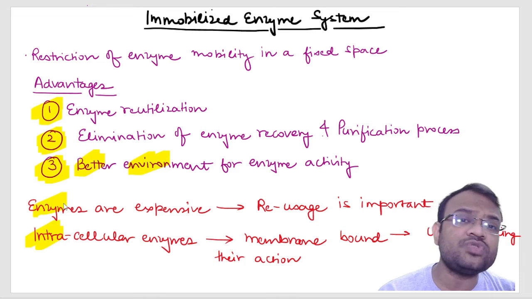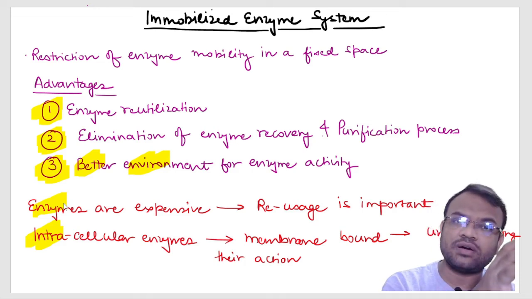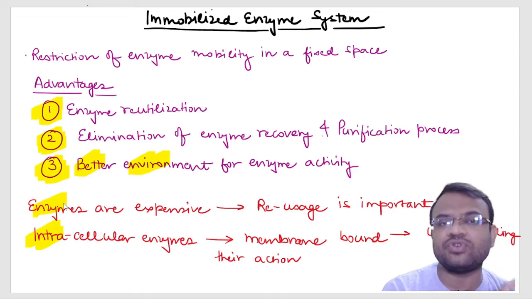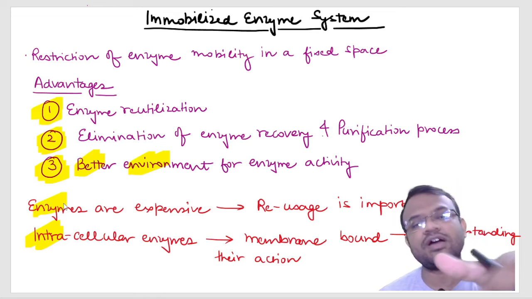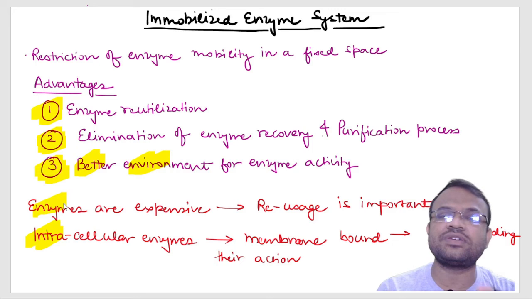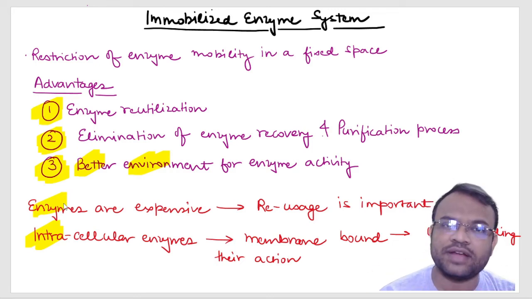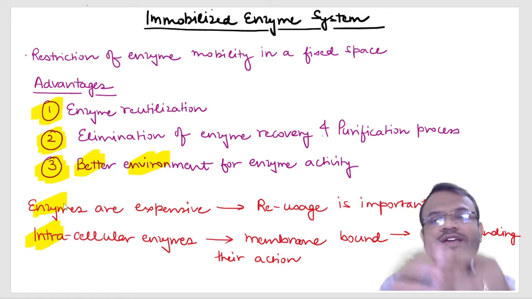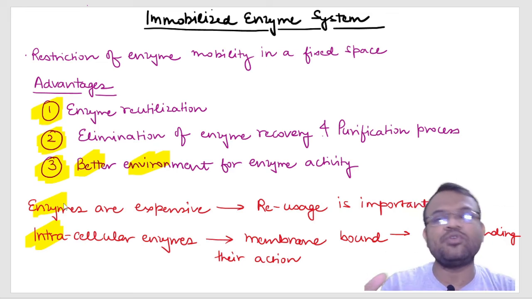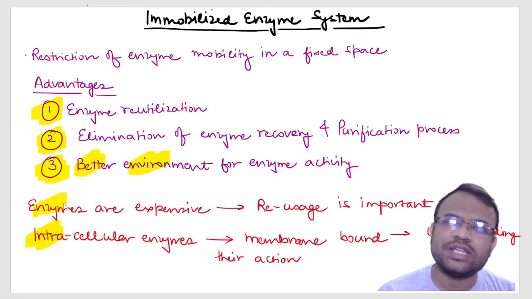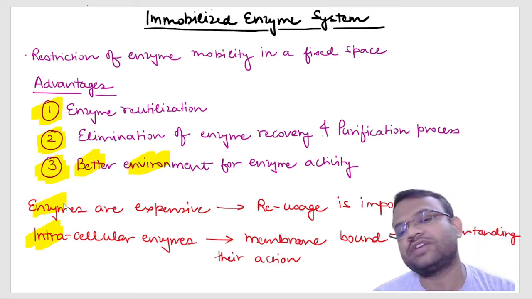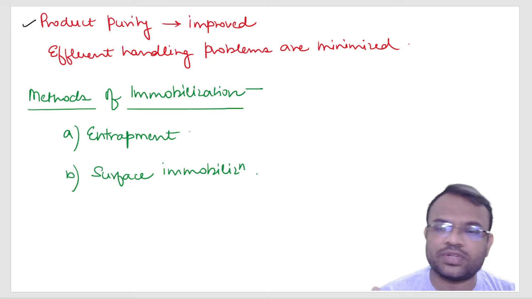Now if you want to study the mechanism of functioning of those enzymes, you can mimic the entire condition in an immobilized enzyme system in a biofermenter, right? So if you want to study the mechanism of action of that enzyme, you can create that type of environment. You can immobilize the enzyme onto, let us say, the fermenter wall, and then you can study how this actually happens. Okay, now let us move on to the next point.